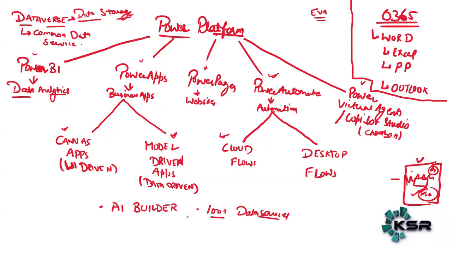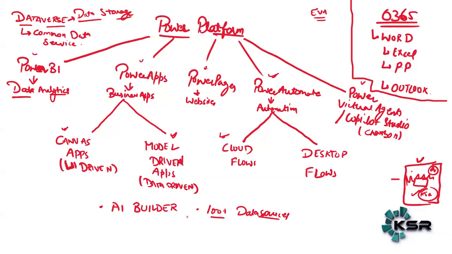I have one question. Tell me. You told us that model-driven apps are data-driven. So is it Dataverse-driven or any kind of data? Can model-driven apps be based on SharePoint or any type of data? Again, I did not want to go into that depth, but yes, these are Dataverse-driven apps. In a Canvas app, you can create the app directly on any data source, like SharePoint, OneDrive, SQL Server, any data source.